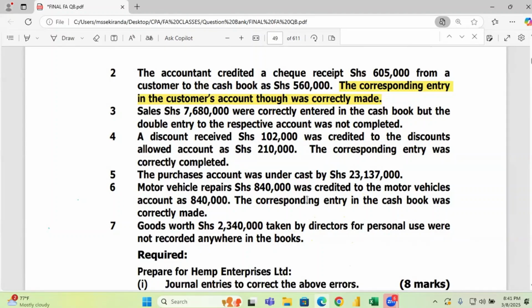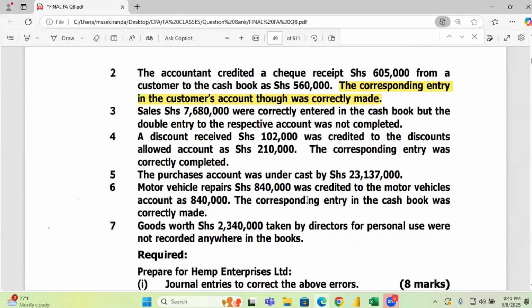I think when we receive a discount, we are supposed to credit the discount received account, and then we reduce the payables account by debiting it. So here they are saying that they received a discount of 102, but it was then credited to discount allowed.